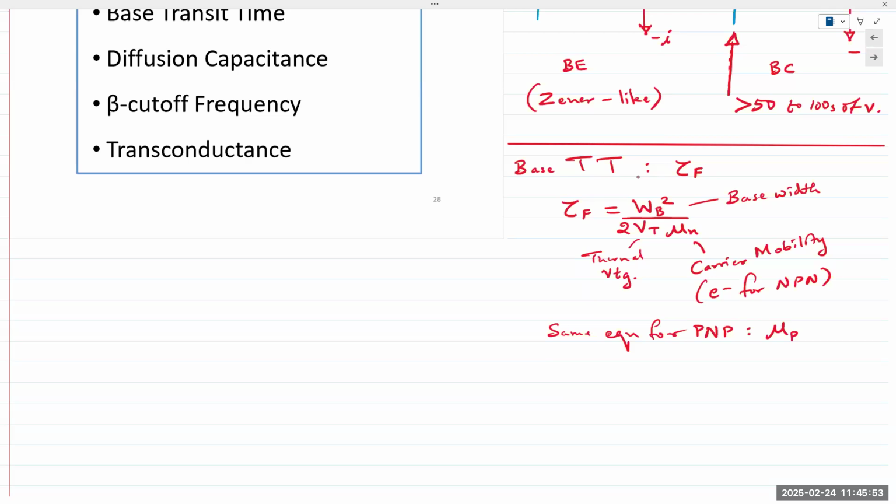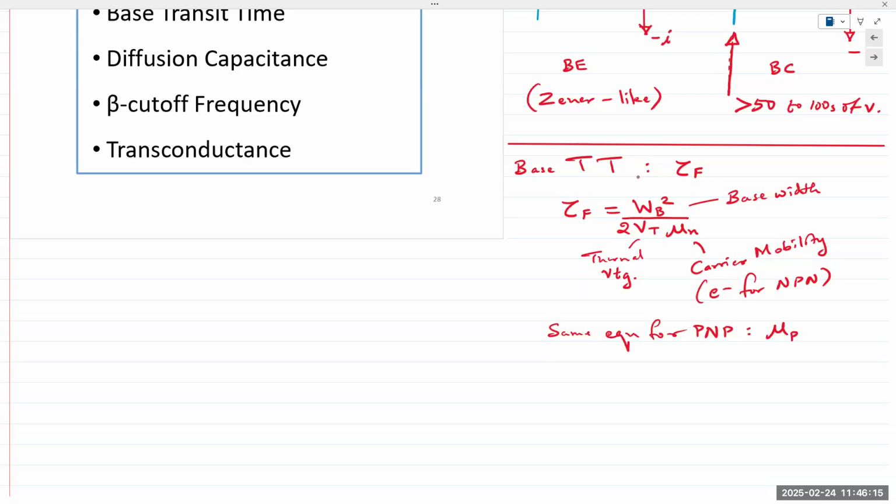Versus holes, where the transit time is higher because the mobility of the holes is less than that of electrons, which means that NPN transistors are faster than PNP transistors for the same physical geometry and the same doping profile.